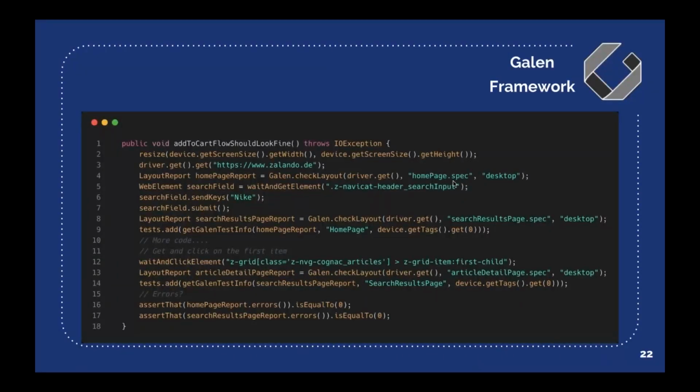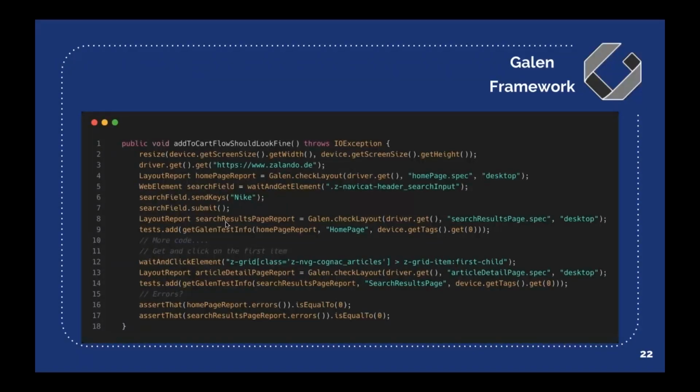This specification looks like the page we saw before, and you can say here what type of rules you want to apply to it. Then you continue your flow, like clicking here, typing there, extracting some elements, etc., and you keep applying rules for each page.